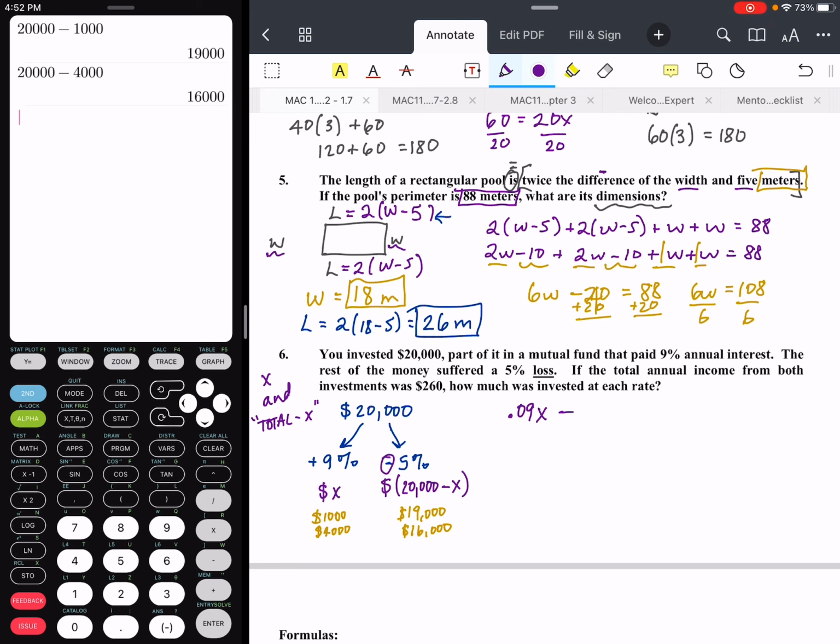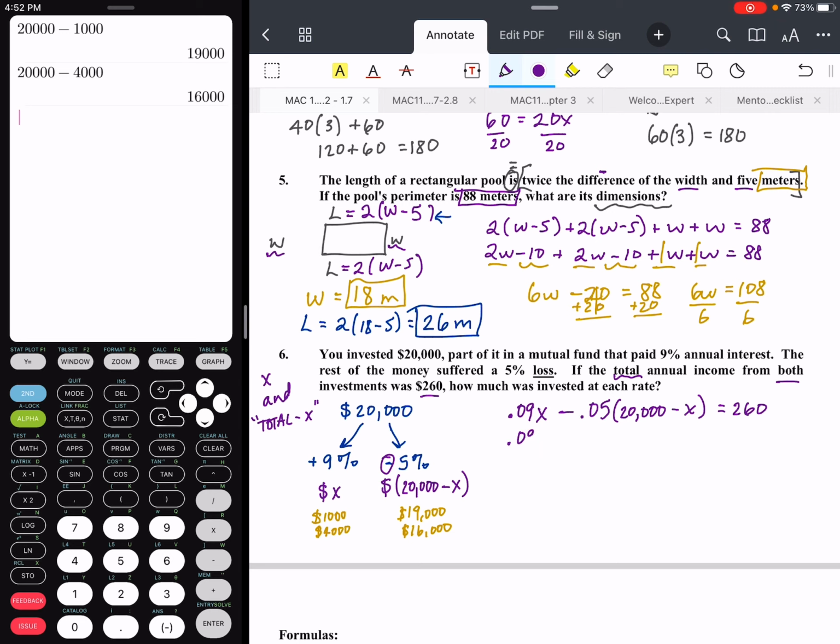So minus 5%, 0.05, times the dollar amount that I invest in that account, 20,000 minus x. So this represents the interest that I earn overall from the two accounts. And I know that the total annual income over the course of 1 year from both the accounts was $260. So these two combined should equal 260. So there's my equation that I can set up to solve this.